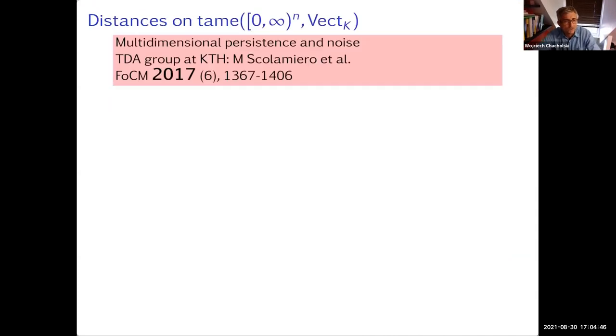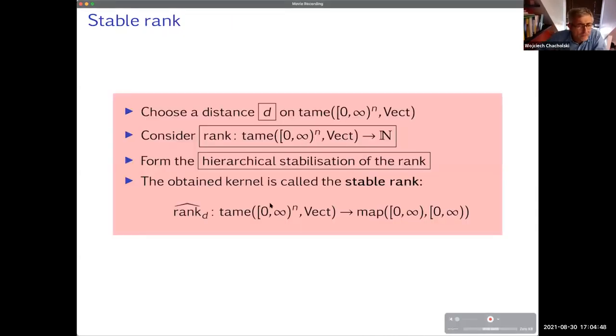So again, I can represent these parameterized vector spaces by these functions, and each such representation depends on a distance.